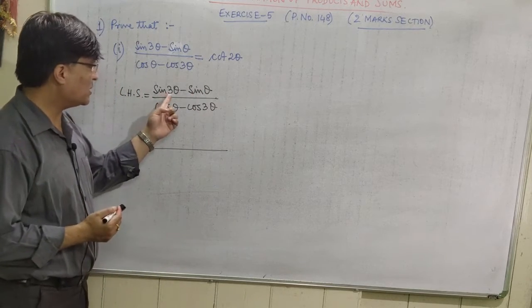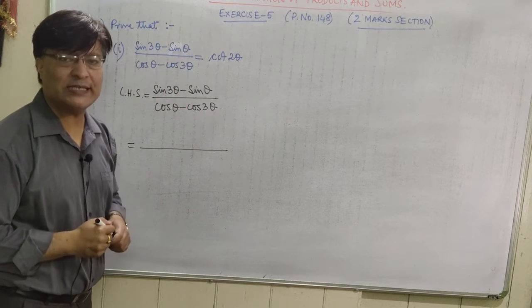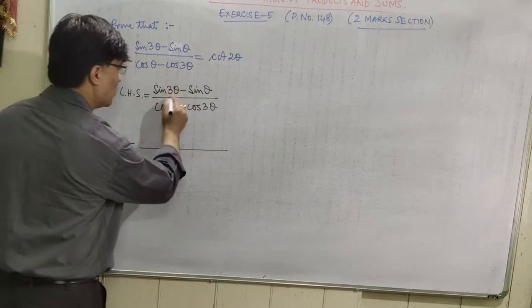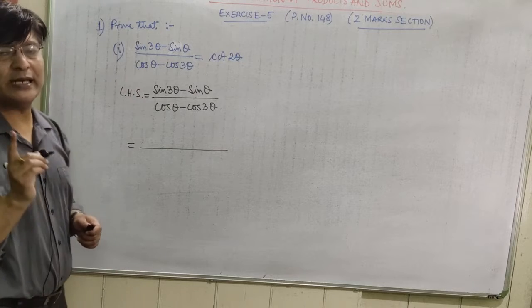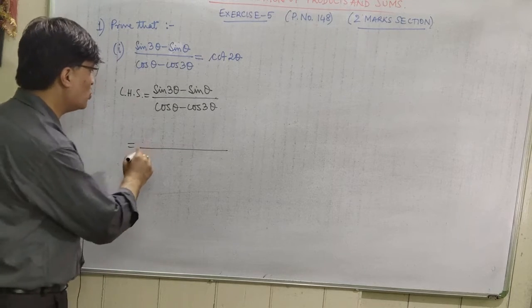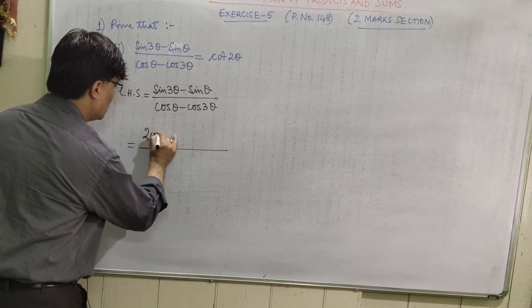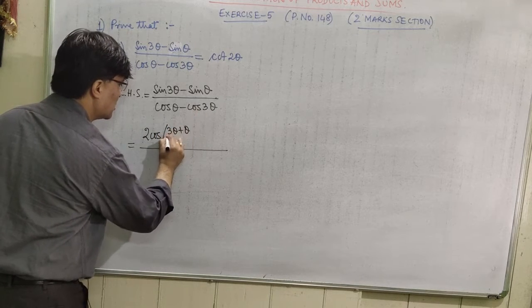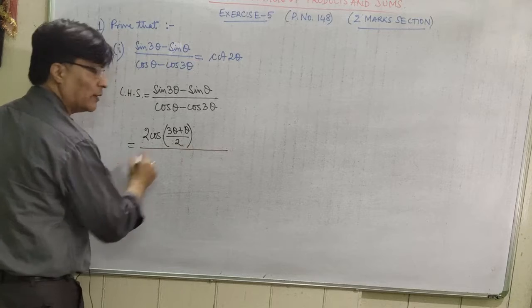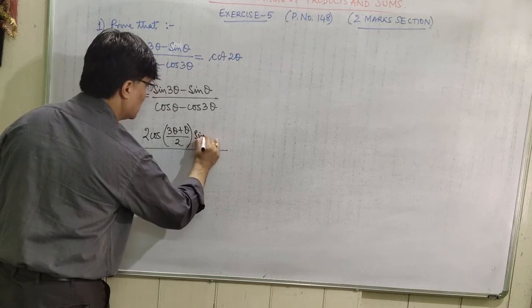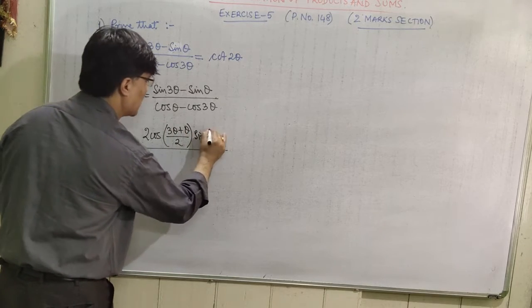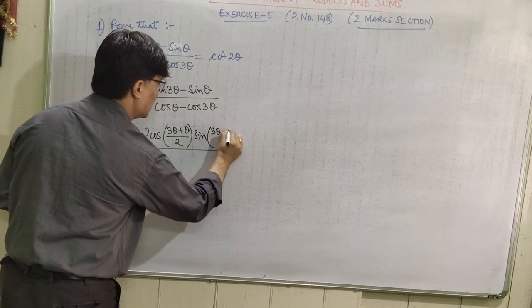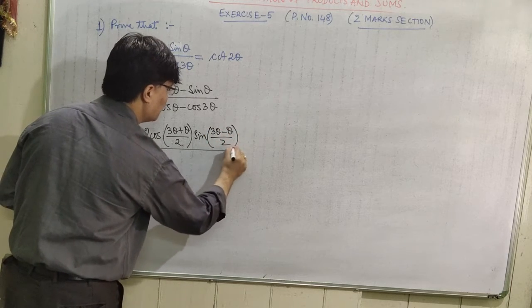So you can take 3 theta as C and theta as D. The formula is 2 cos of C plus D by 2, that is 3 theta plus theta divided by 2, into sine of C minus D by 2.